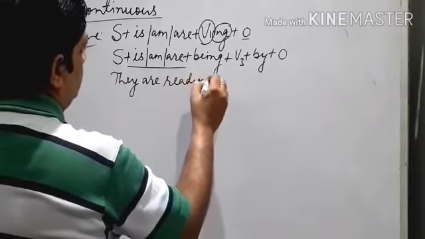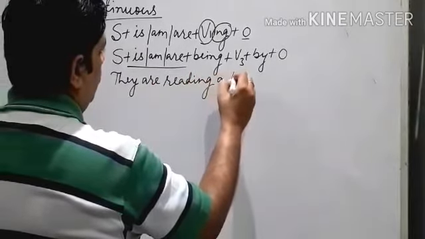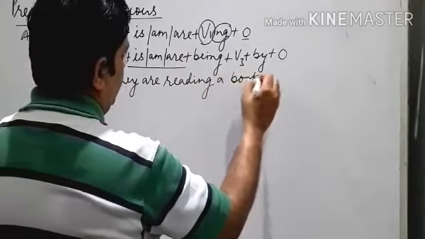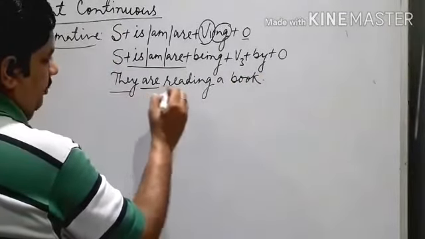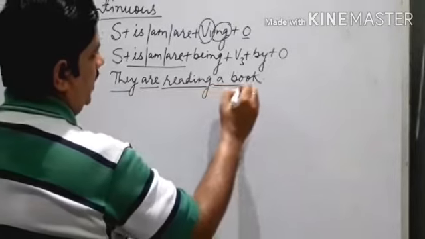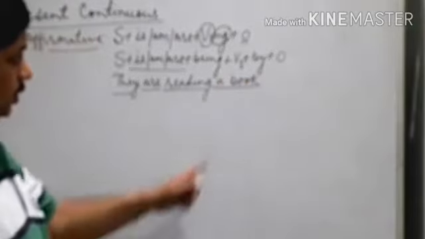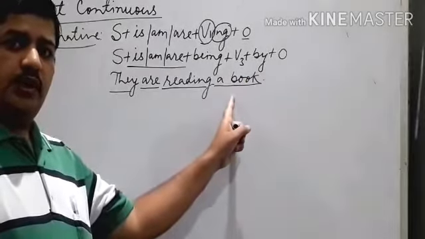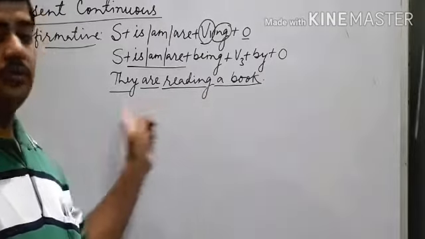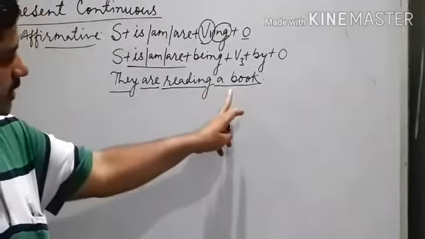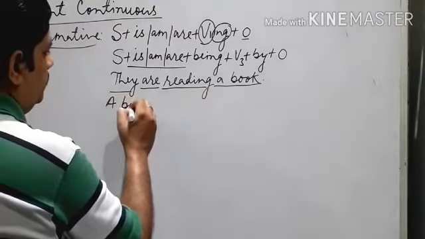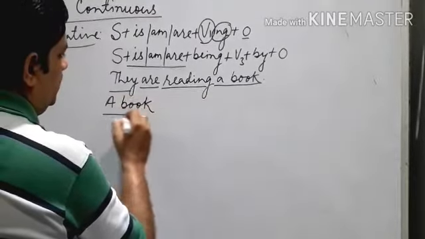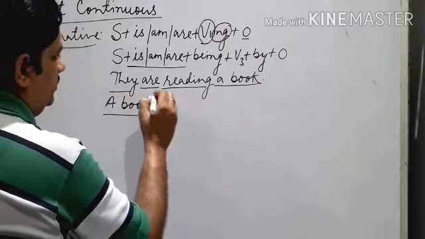You can take one example like, they are reading a book. So here this is subject, helping verb, main verb, and this is object. Object is singular, so according to the singular object, we use the helping verb. To change this object into subject, a book, because it is singular, we use is.